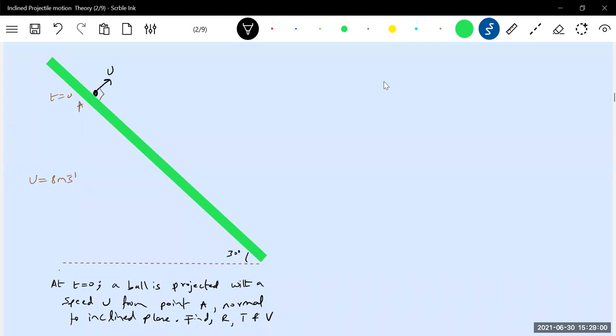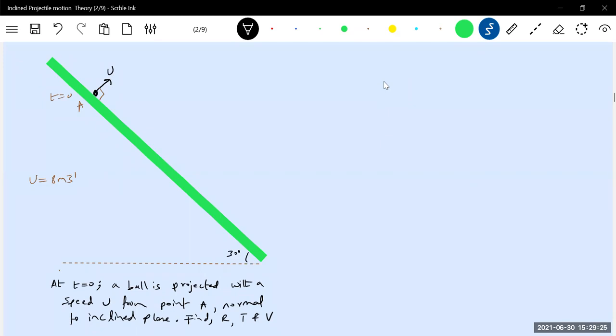I suggest you don't derive, better go directly, because you have to go for the numerical analysis. So what is the method here? Resolve along the incline and perpendicular to the incline. Sir, I'll resolve along X, along Y. Okay, do it, no problem.